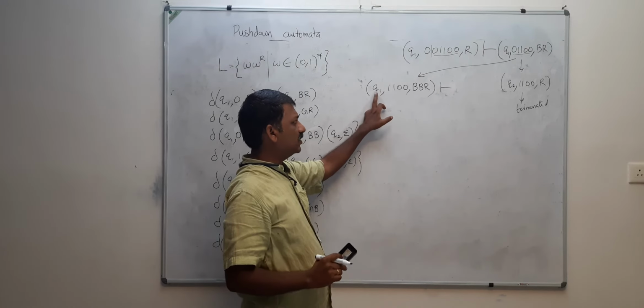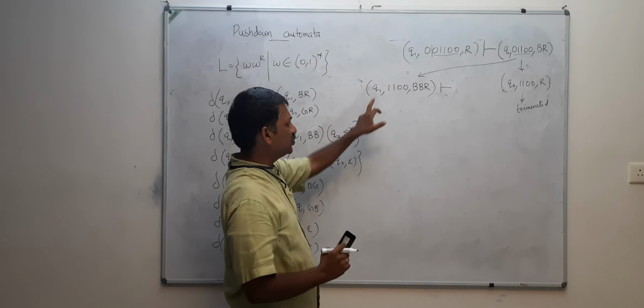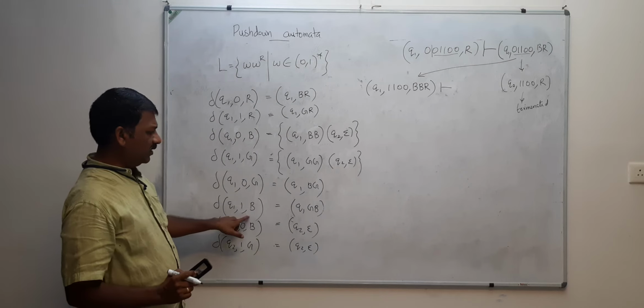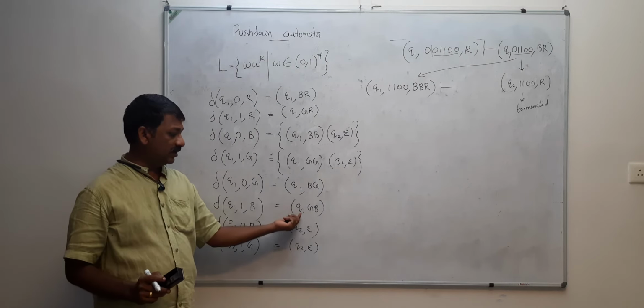Now one valid one is this one, and the next one is, say it is in state Q1 and it is reading 1 and the current top is having blue. That means Q1 1B, what will happen? It is adding a green plate. That means GB.